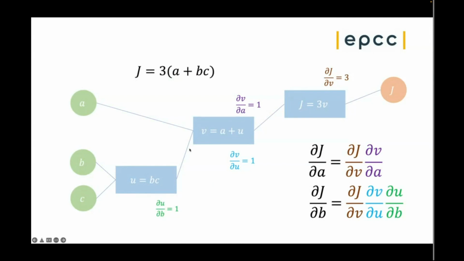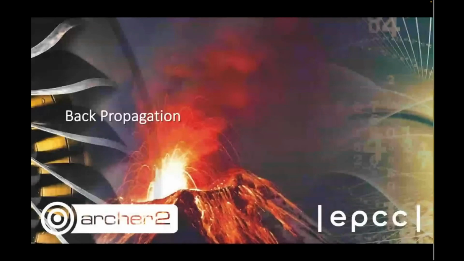To calculate the weights over here, we need the derivative with respect to the weights over here, and to calculate that, we need the derivative with respect to the weights over here.